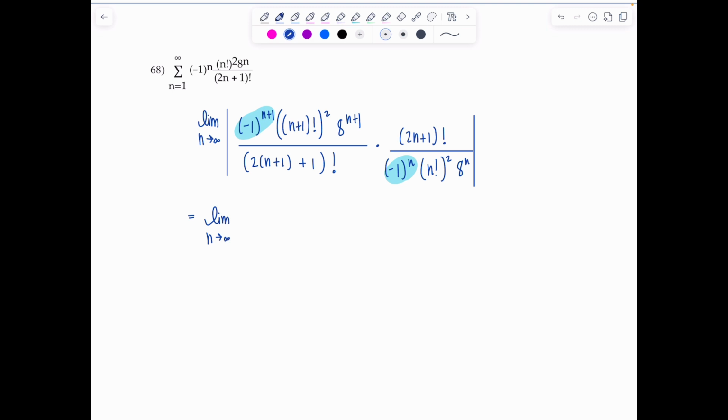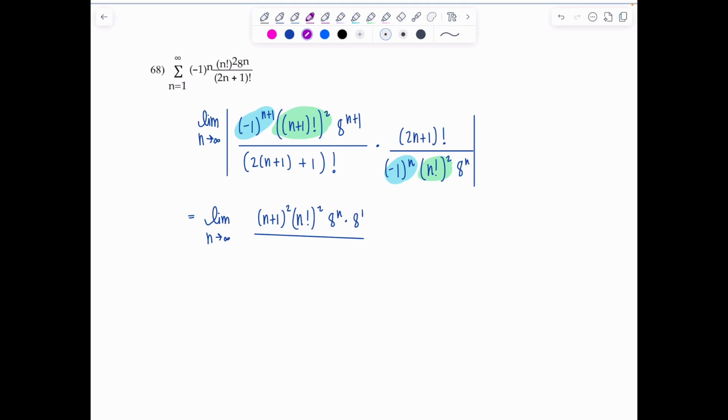All right. N plus 1 factorial squared. I want to break it down so it can cancel with this guy. So remember, it's just the same thing as having 2n plus 1 factorials. So it's n plus 1 times n factorial, each of these squared. 8 to the n plus 1 is going to be 8 to the n times 8 to the first.